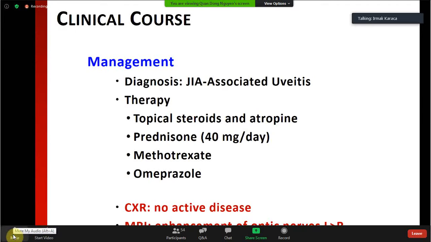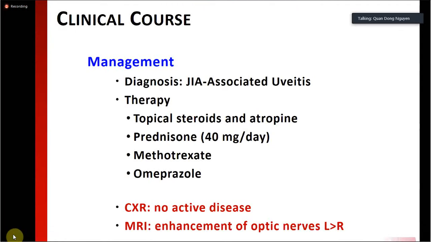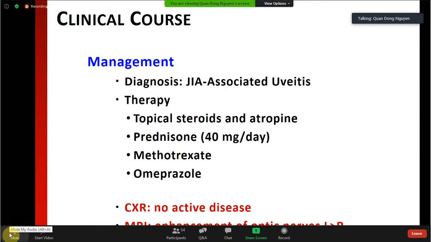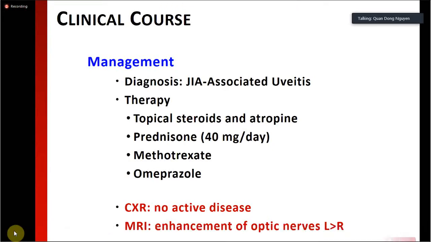Okay. Herpes? I'm sorry, herpes. So herpes is definitely one of the masquerades. And Dr. Foster mentioned this morning, it could be anything. Sometimes it has KPs, or sometimes it doesn't. Usually it tends to be more unilateral, but certainly bilateral is possible.